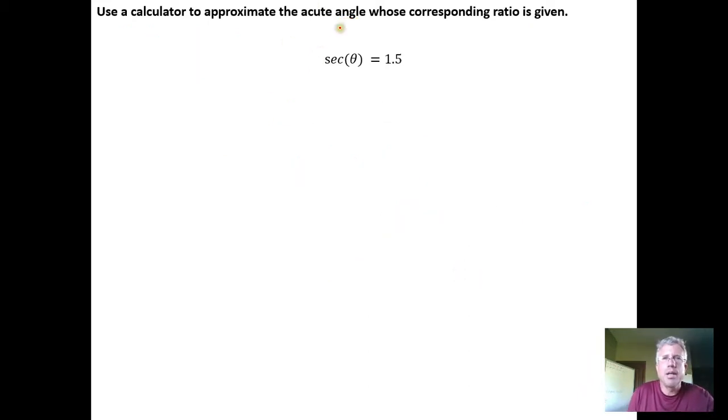If I want to know the angle that generated the side ratio 1.5, that means I need to solve for theta to find the angle. It says find the acute angle. It's an acute angle because we're doing right angle trigonometry, which means we have two acute angles on that right triangle. So the secant of theta equals 1.5.